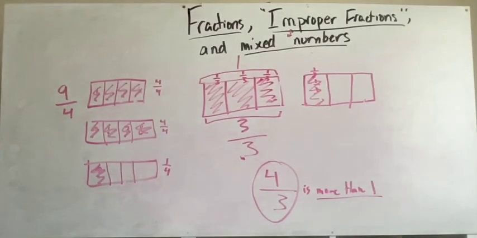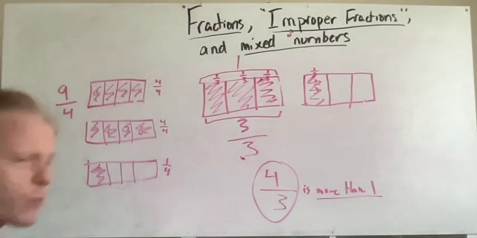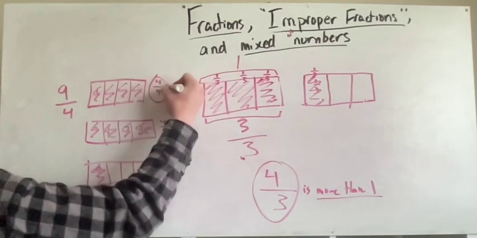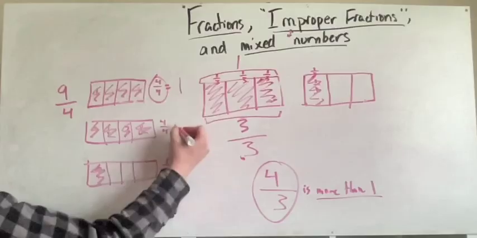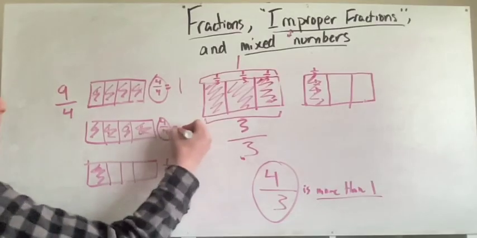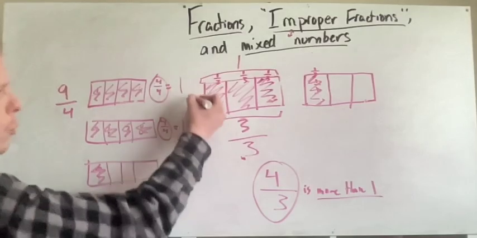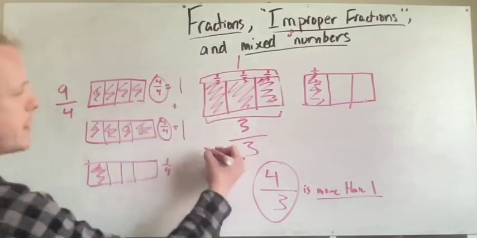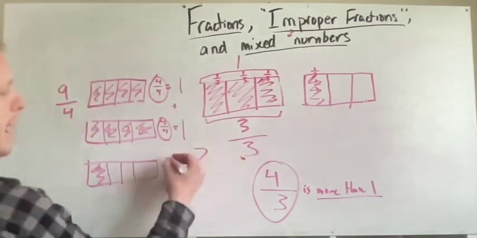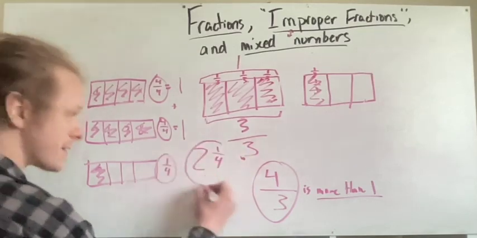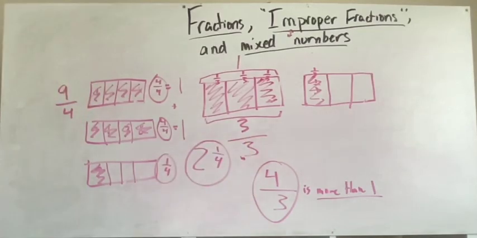But what was that really important idea I just talked about? 4/4 is also equal to what? 1 whole. And this 4/4 is also equal to 1 whole. Okay? And 1 whole plus another 1 whole gives me 2. And then I have this 1/4 left over.